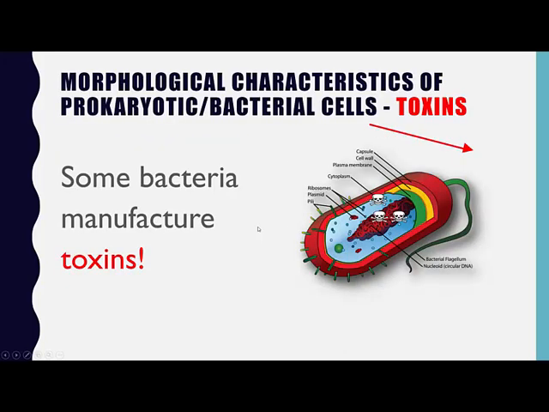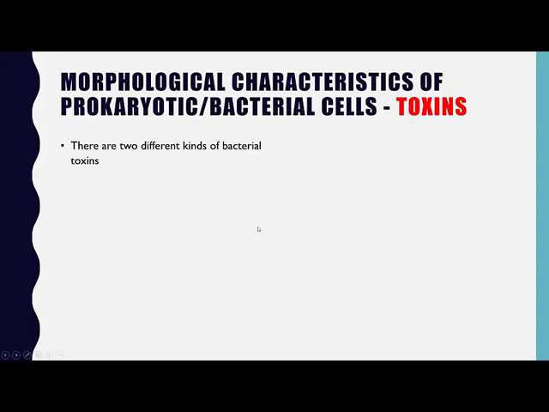Okay, that's another topic. Let's talk about bacterial toxins. Some bacteria manufacture toxins. So they manufacture them here, sometimes at the ribosome, somewhere else. But then they are released sometimes, not always. There are two kinds of bacterial toxins.